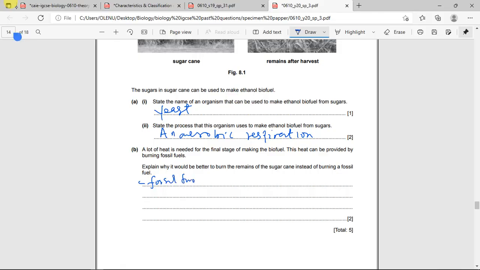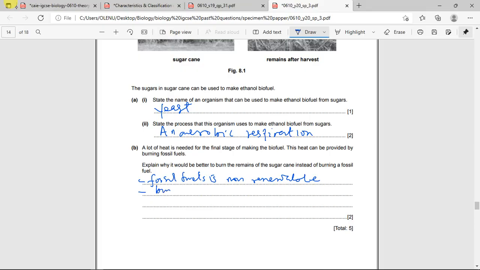Fossil fuels are non-renewable. Another thing is that fossil fuel combustion will produce carbon dioxide. So you can put that burning of fossil fuels releases more CO2 than the sugarcane.